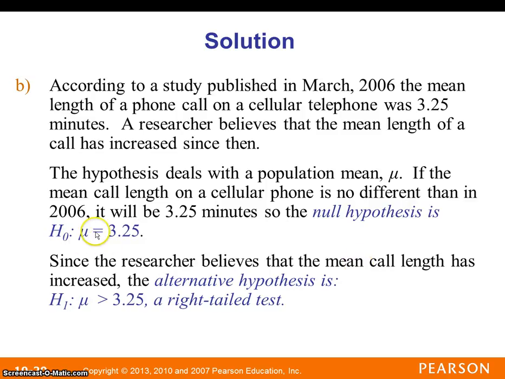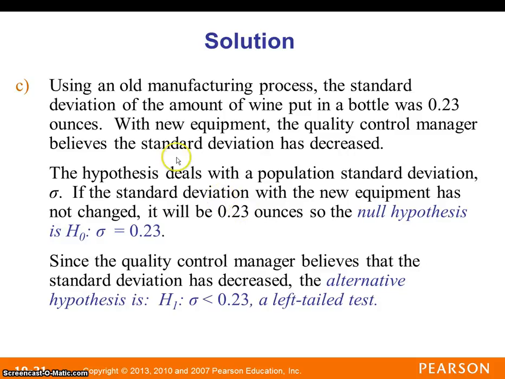That would mean that the mean length remains 3.25, but the alternative hypothesis is that the researcher believes that the mean call length has increased from 3.25, so since the arrow is pointing to the right, this would be a right-tailed test. For C, again, the null hypothesis would be that the standard deviation is equal to 0.23, and the alternative hypothesis would be that sigma is less than 0.23, so since the arrow is pointing to the left, that would be a left-tailed test.